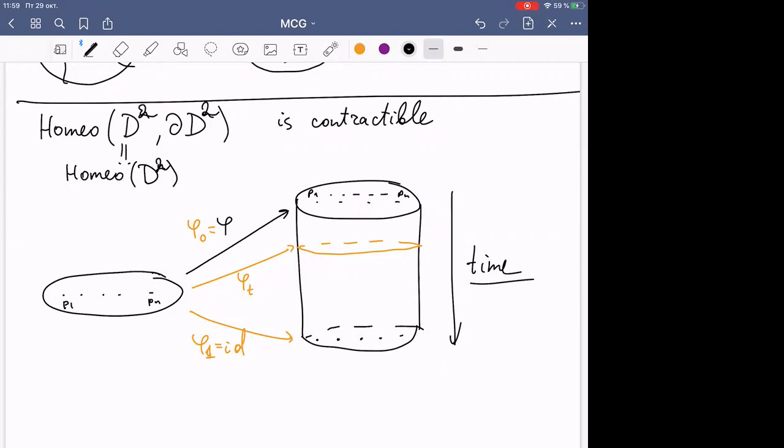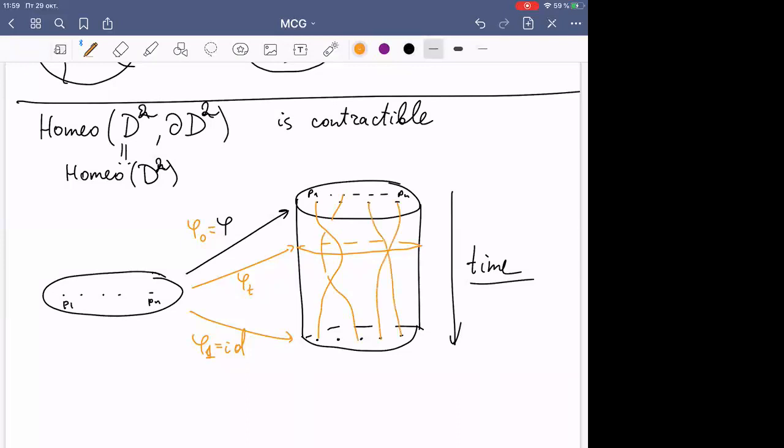Okay, and if we look at the trajectory of every point, then we get this braid.